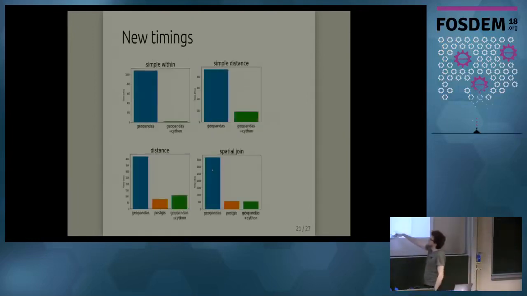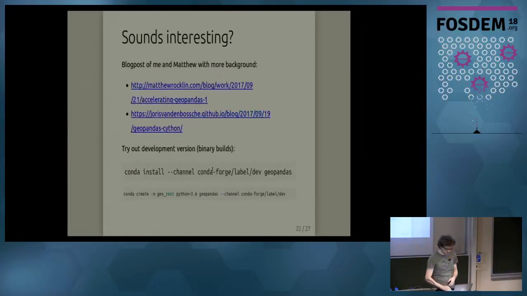Here are the results: it was the previous version before, and now the green is the new version. On very simple things, you get a 10 to 100 times speedup. But you also see that for the more advanced ones, we're now more or less similar to PostGIS, which is to be expected since we're using the same library under the hood.